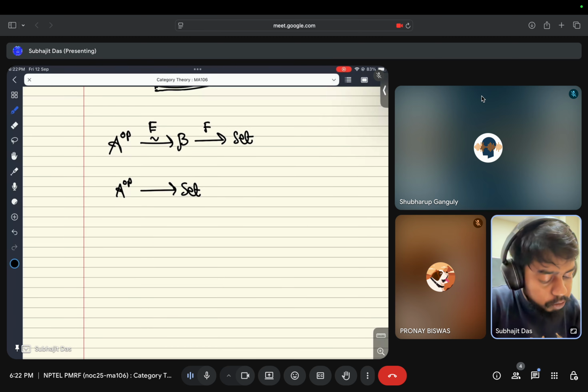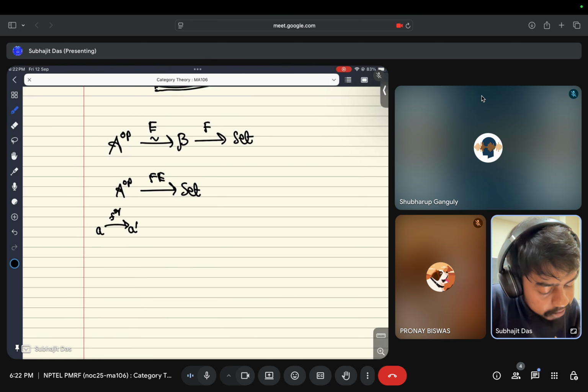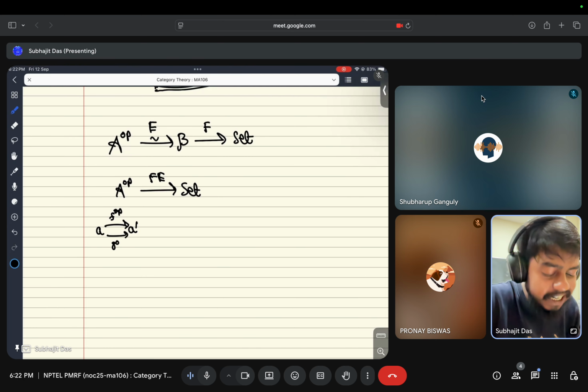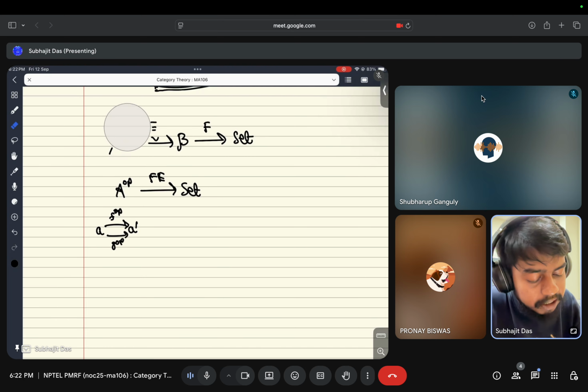So both conditions done. What about the third condition? Okay, so let's write this now. You want to show the third condition of Beck's monadicity theorem. So take object A, take object A prime in A op, take an arrow F op, take an arrow G op. It really doesn't matter actually if you take op here.